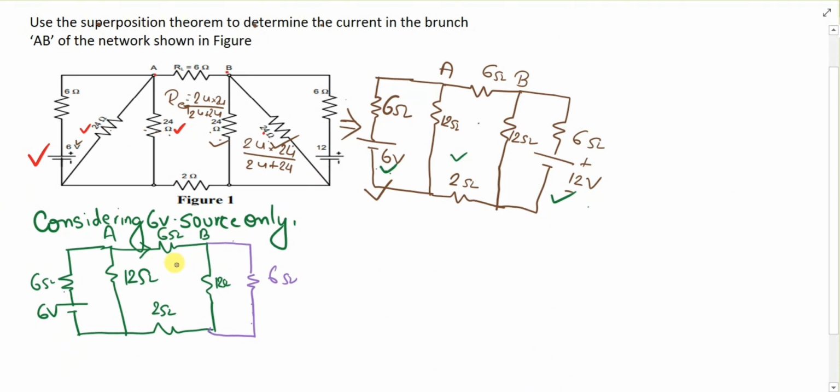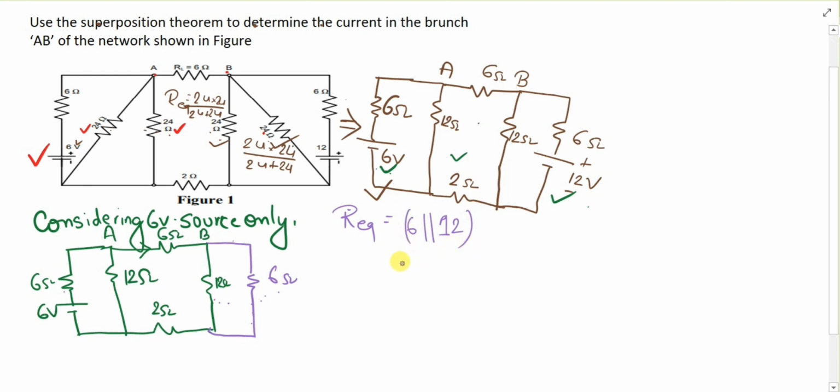You can use any method, but now we will use the current divider rule, and for that you will have to identify R equivalent. In order to identify R equivalent in the given circuit, let's start from the farthest end. We can initiate from this point. 12 is parallel with 6.